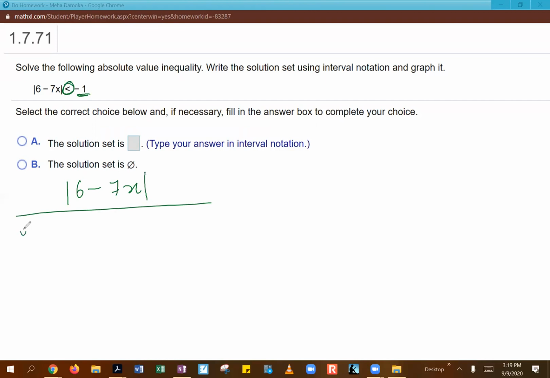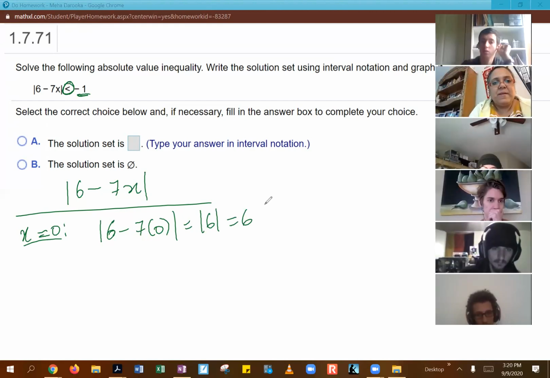So if we pick a number for x, let's keep it simple, 0, what are you going to end up getting here? So 6 minus 7 times 0. 7 times 0 is of course going to become 0. You just get absolute value of 6, which comes out to be 6. And think about this: is 6 going to be a number less than negative 1?